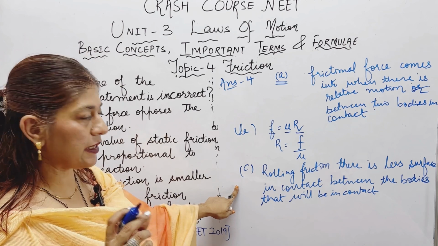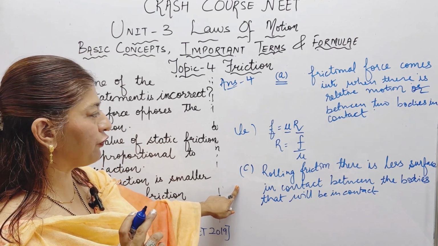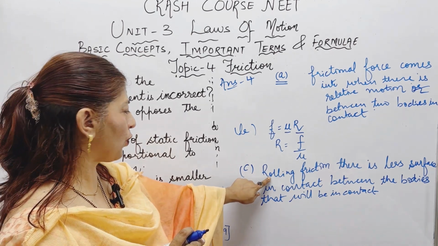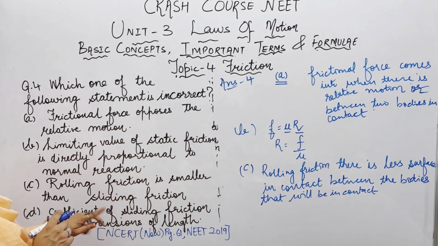Since there is less point of contact, the frictional force is less. So rolling friction is always smaller than the sliding friction. This statement is also correct.